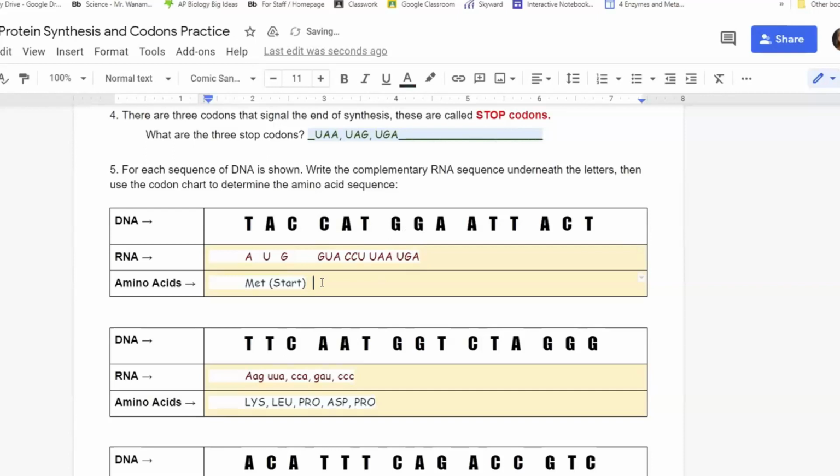I don't have it in front of me. Okay, and then Alyssa, do you agree with those? Yeah. Thank you. And then can you tell me the amino acids? And Lucy, you double check the work, okay? Start, val, pro, stop, stop. 2 stops in a row. Mhm. Okay, Lucy, is that what you got?